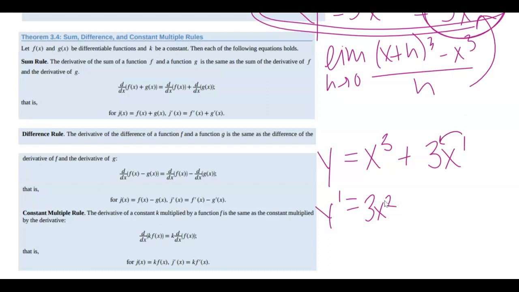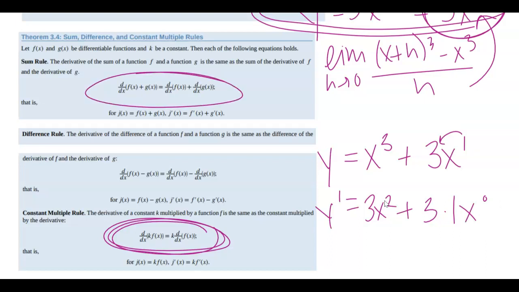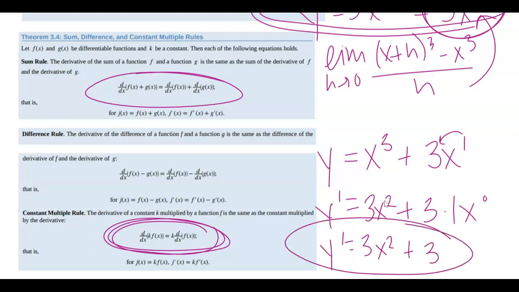If you have a constant, you just keep it. So 3 times, bring the 1 down, x to the power of 0, and then you keep that same sign here.